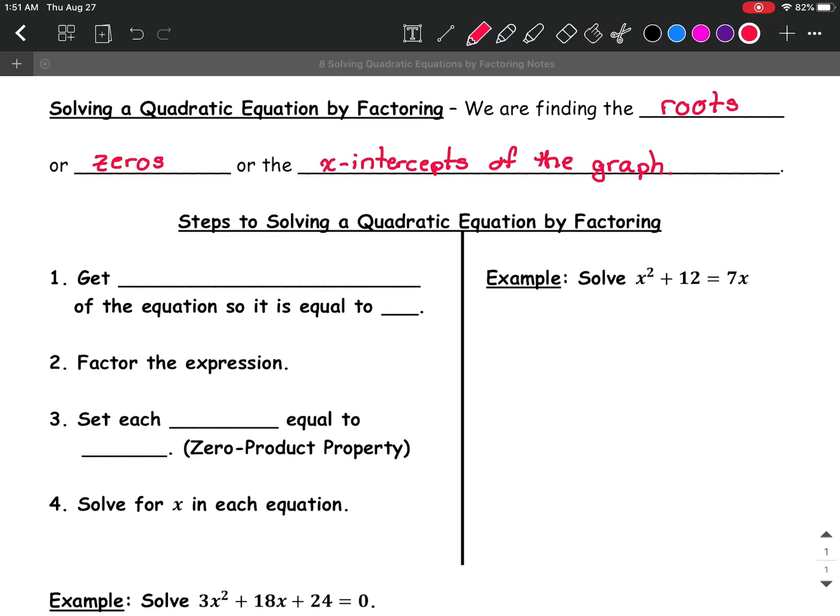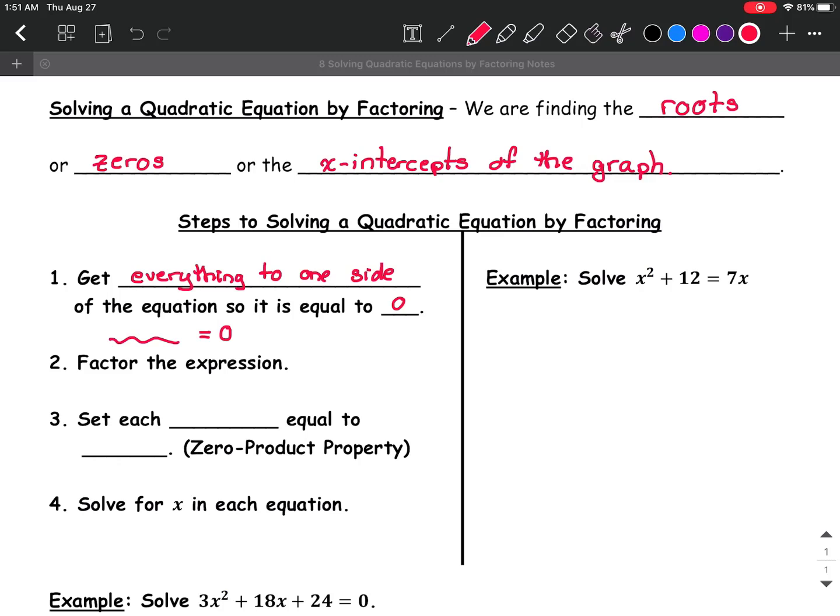So now what do we do when they actually want us to solve? The first step is to get everything to one side of the equation so that it's equal to 0. That's the goal. If we take a look at the example that I've given here, solve x squared plus 12 equals 7x.